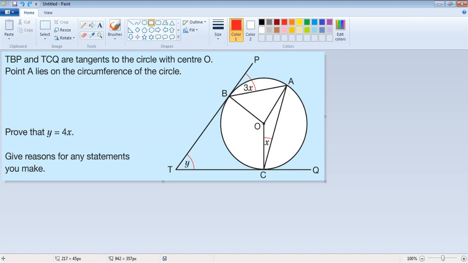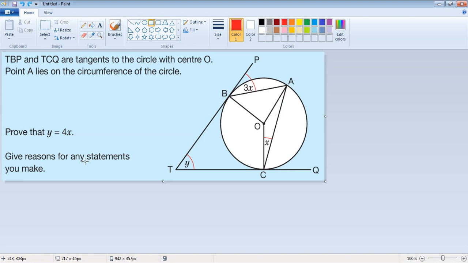So TBP and TCQ are tangents to the circle with center O. Point A lies on the circumference of the circle. Prove that y equals 4x. Give reasons for any statements you make. So let's go for it.